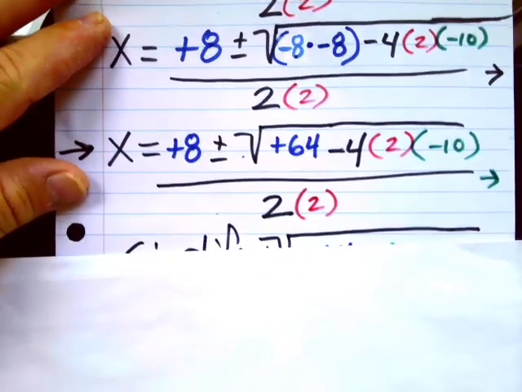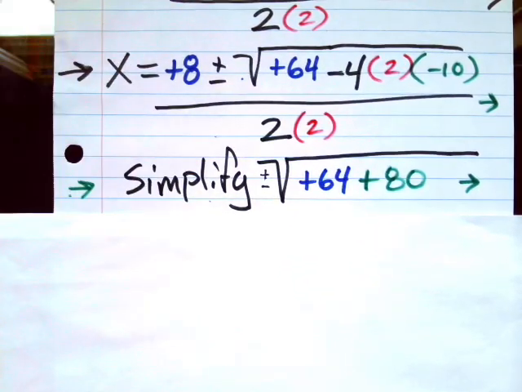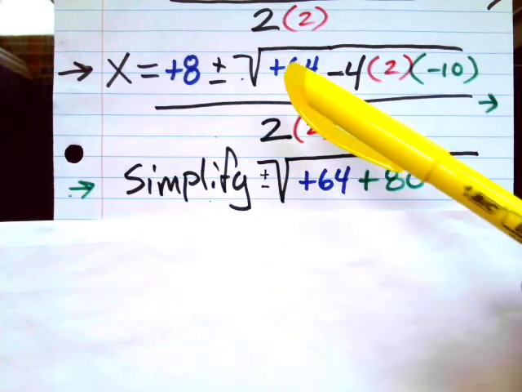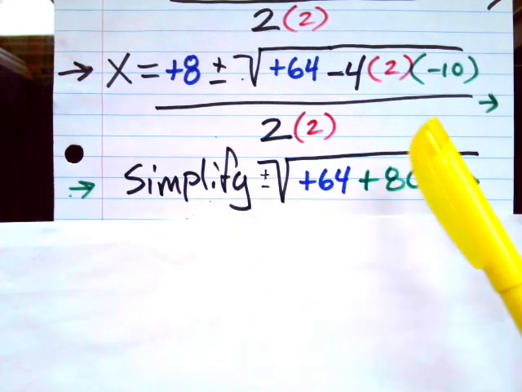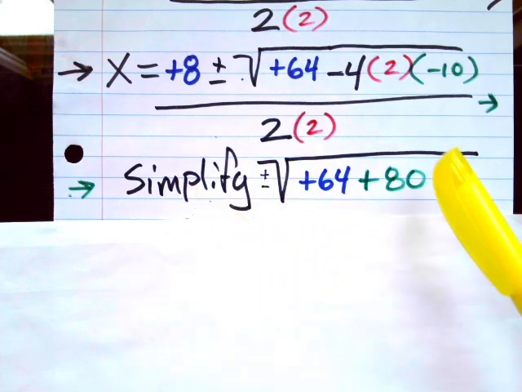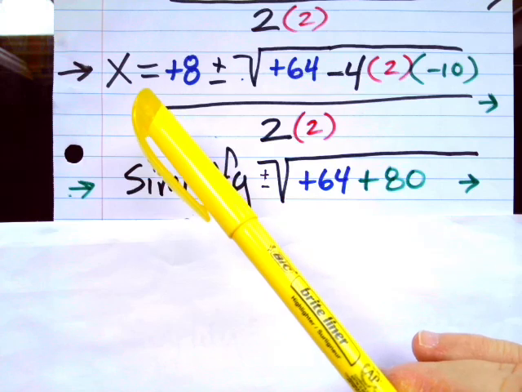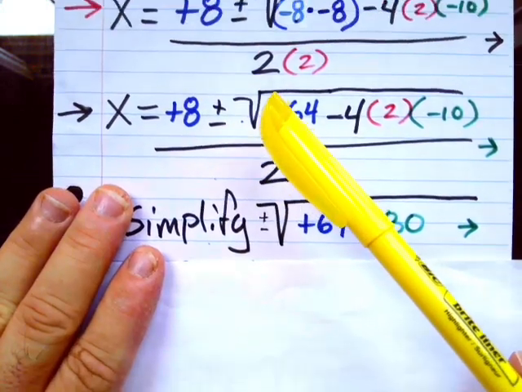Let's go ahead and take a look and see what that looks like. Again, negative 4 times 2 is negative 8. Negative 8 times negative 10 is a positive 80. And then I have that 64 on the inside. So right here, I'm just going to show you in the next couple steps how to simplify what's inside the radical. I don't want to skip this step.